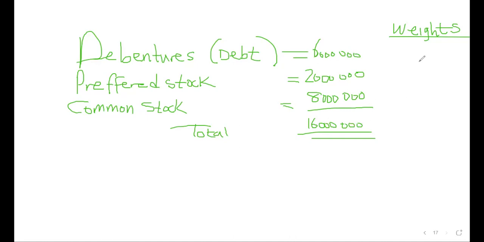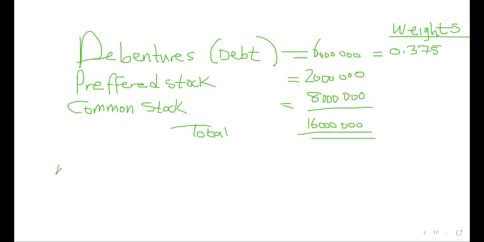So the first weight will be 6 million divided by 16, which is giving us the 0.375.